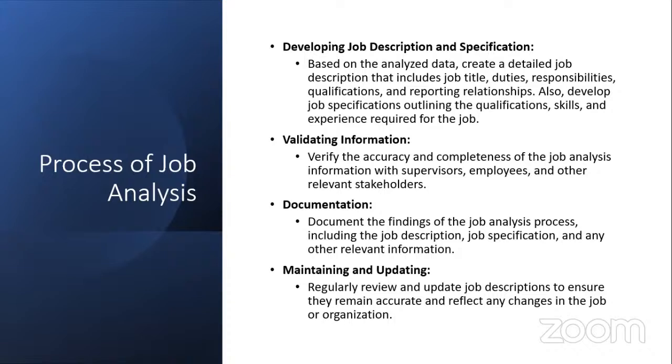So it has to be well developed and give a clear description and specification of the job. Also, develop a job specification outlining the qualifications needed, skills needed, and experience required for the job.